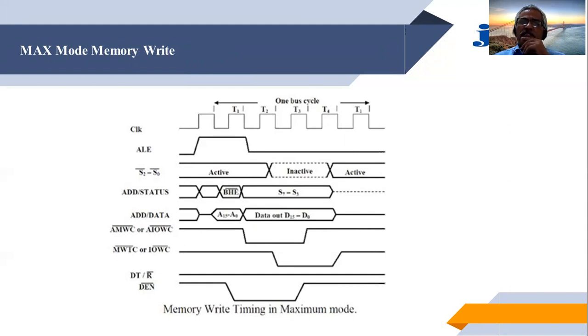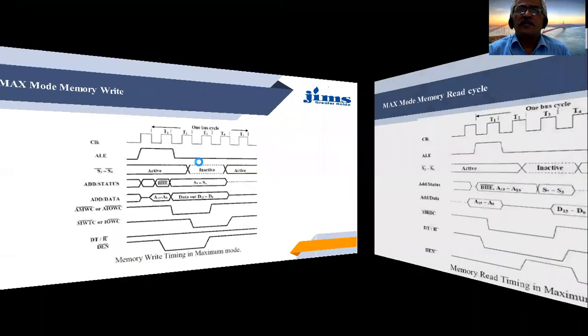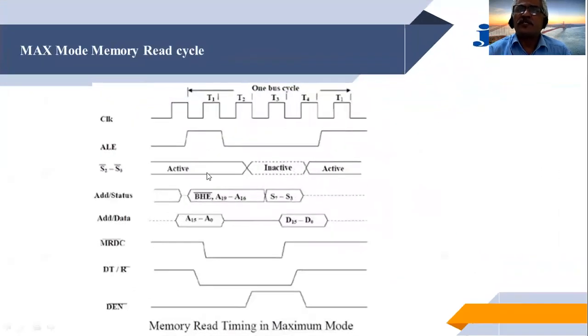The manipulation of these signals will help us in moving the data. In a write cycle, the data moves from the processor of the 8086 so that it can be sent onto the data bus for writing onto the memory. The signal for the read operation is similar, except that now the signal generated is MRDC.